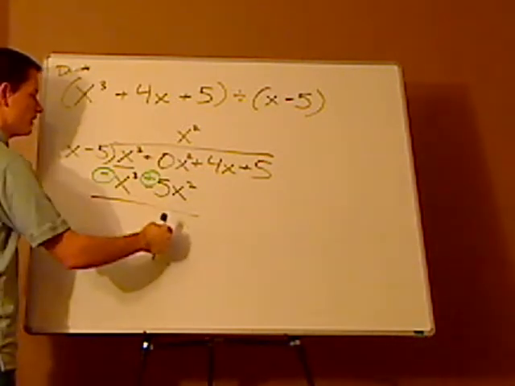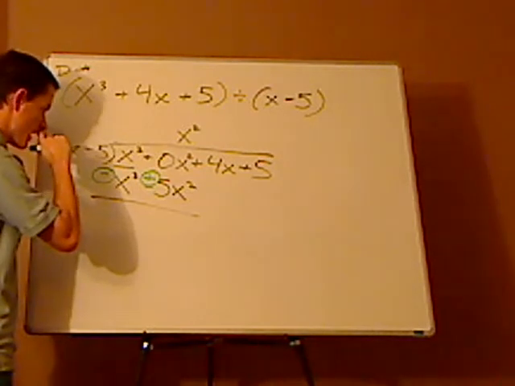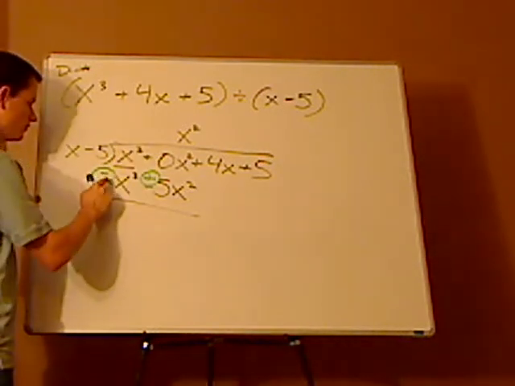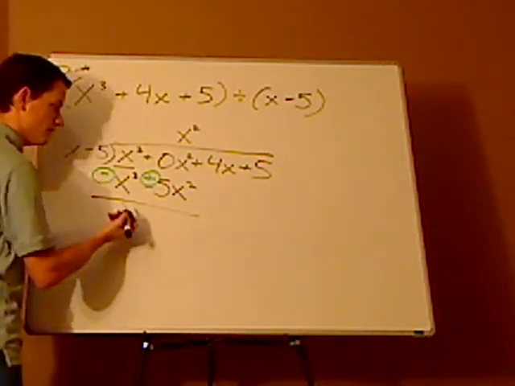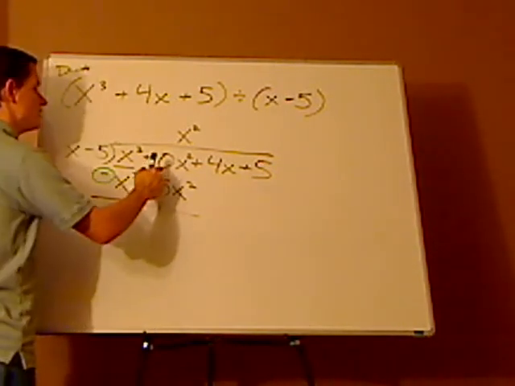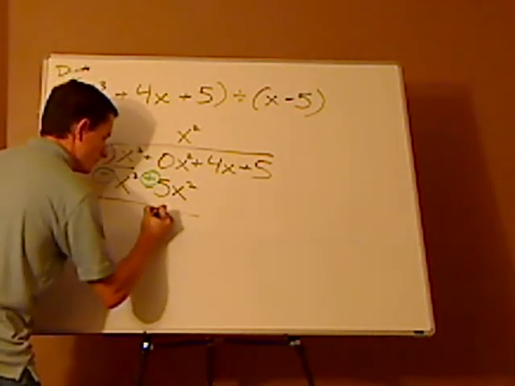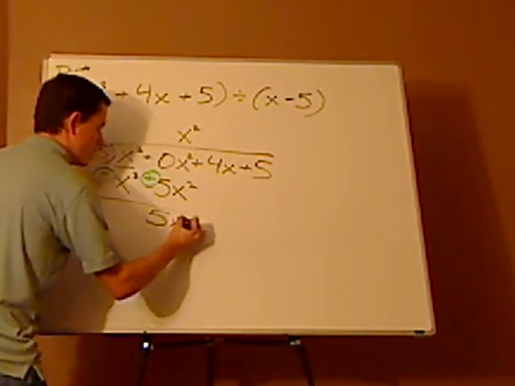Then right here you're going to subtract, but since I distributed the negative sign, you're going to add. X cubed minus x cubed is 0. It's going to cancel out, and you purposely plan to do that. Then you have 0x squared plus 5x squared. That gives you 5x squared.